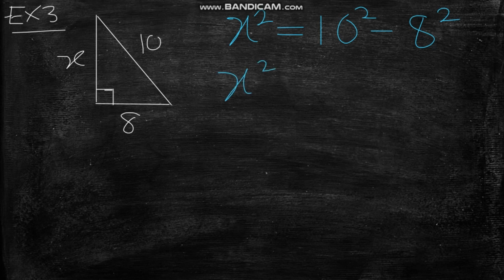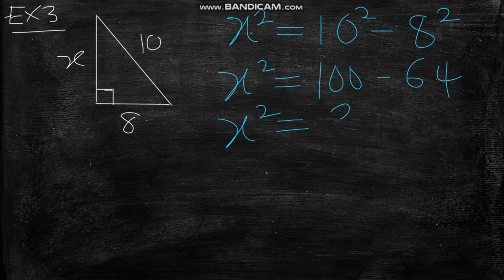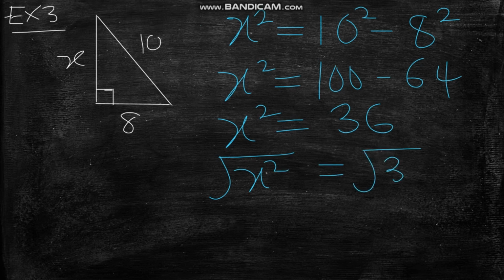So x squared is equal to 10 squared is 100 minus 8 squared is 64. So x squared is equal to 100 minus 64. Now will give us 36. Take the square root on both sides. Square root cancels square. So x equal to 6. So yes, that is the solution.